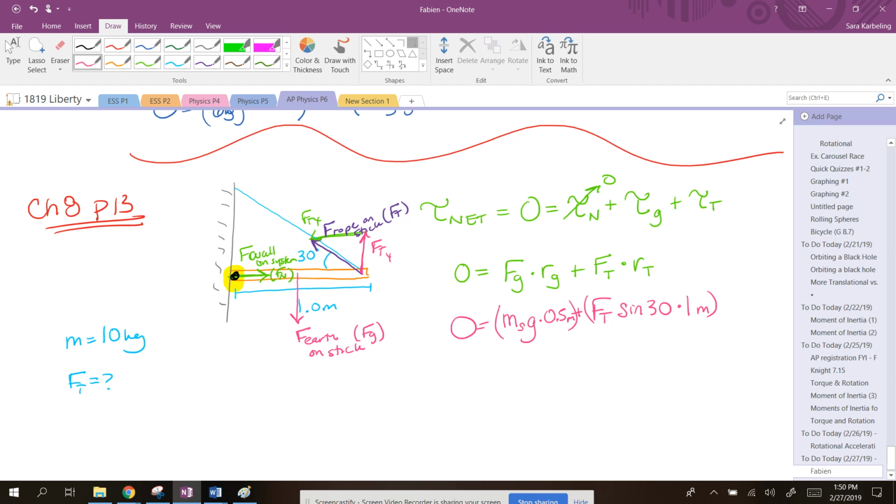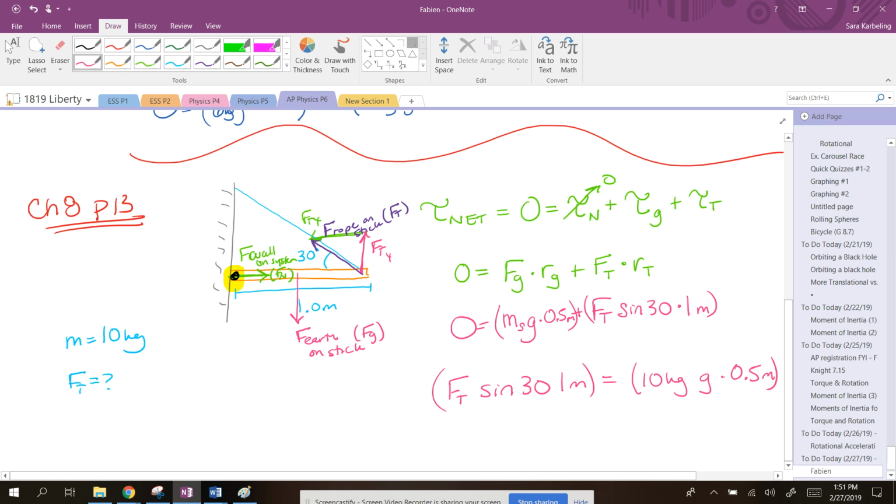Which one's negative? This one here. If my axis is here, this one's going to pull it down clockwise. That's got to be my negative one. The force of gravity is going to be the negative one. So here we go. We've got F_T sine 30 times 1 meter, that's an easy thing to multiply by, is equal to the mass of the stick, which was what? 10 kilograms times acceleration due to gravity times 0.5 meters.